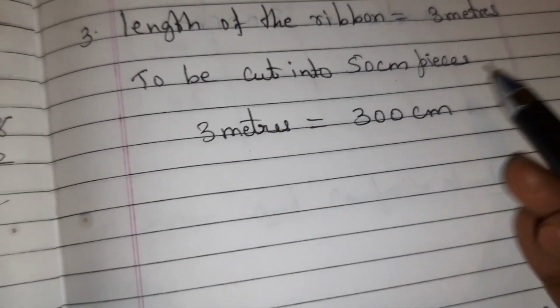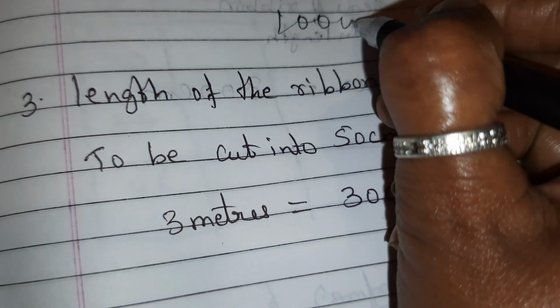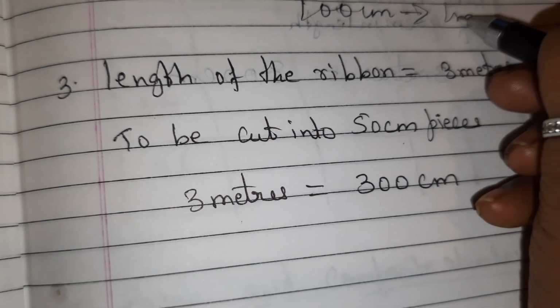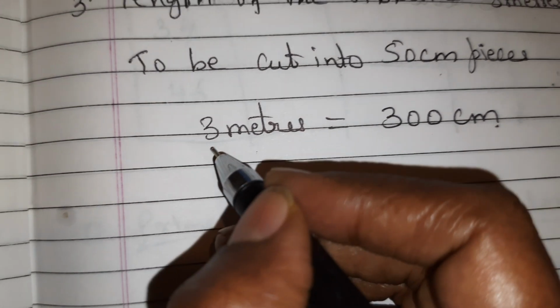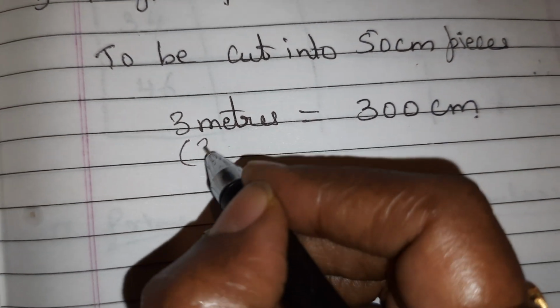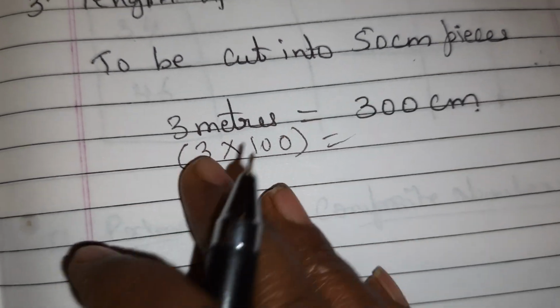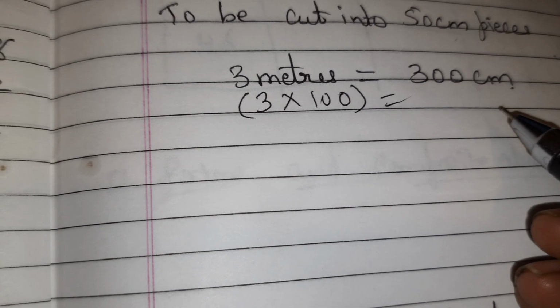If you are not aware, I will just show you, 100 centimeter makes 1 meter, children. So 1 meter is equal to 100 centimeter. So 3 meters is equal to 300 centimeter. How do we get that? In the bracket I'll write 3 into 100 will give me 300 centimeter. Simple to understand? Okay. 300 centimeter I've got.